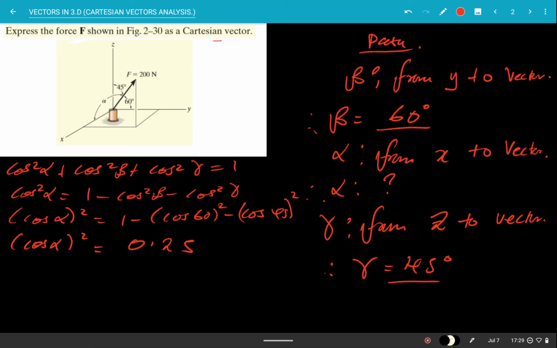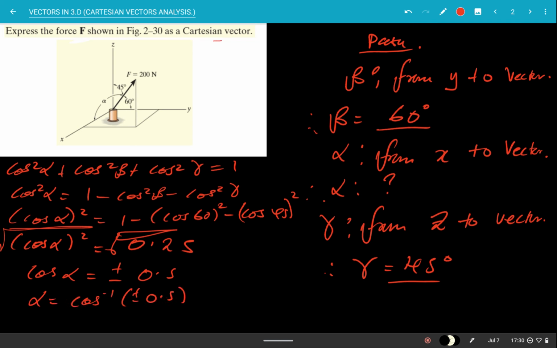Now you need to find the value of alpha, so I will root both sides, and I have cos alpha equal to plus or minus the root of 0.25, which is 0.5. So alpha is equal to the cos inverse of plus or minus 0.5.